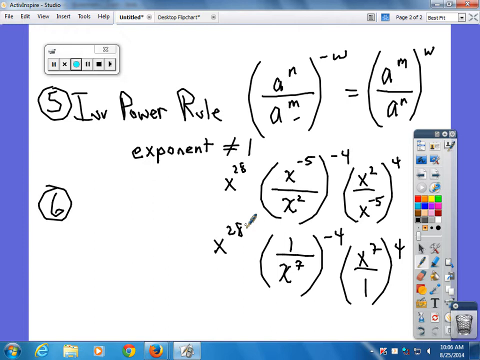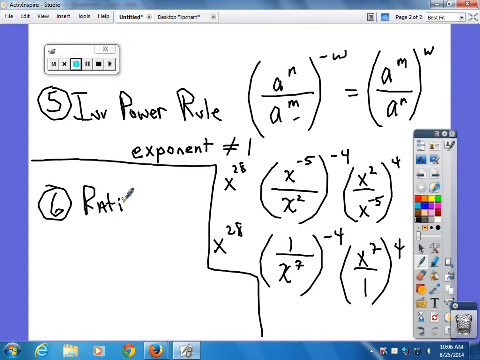And the 6th one, I kind of add, it's a rational exponent rule. And it's good for you to see it because most of you are heading towards some form of calculus. And radicals and calculus do not mix. You're going to hear that over and over again. So with rational exponents, get rid of the radical.